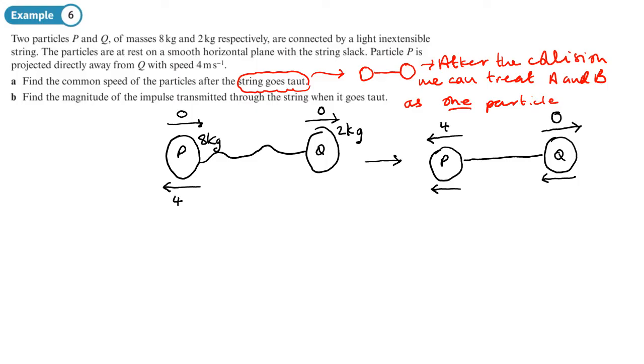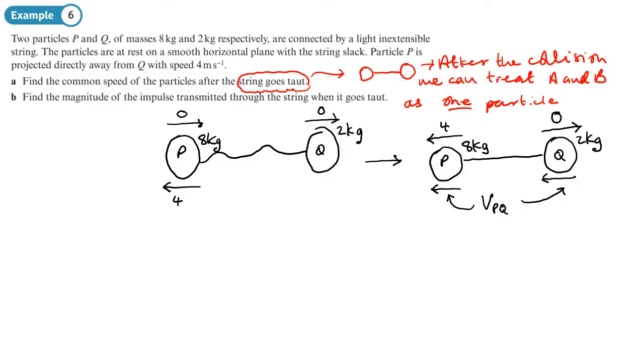What we need to work out is this common speed afterwards, and the speed of both of them is going to be the same. We can put their masses together and treat it as one particle, and we can do that when two particles are traveling together at the same speed and are connected by string, rope, a uniform rod, tow bar, all that type of thing.